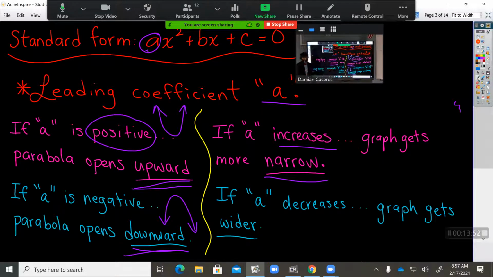Now, if a decreases, for example, it's 1, and then you decrease it down to 0.2, that graph is going to be wider like this. So narrow, wide. Bigger the number, narrow. Smaller the number, wider. Now, I'm going to show you these 4 things right now on Desmos once you finish copying.